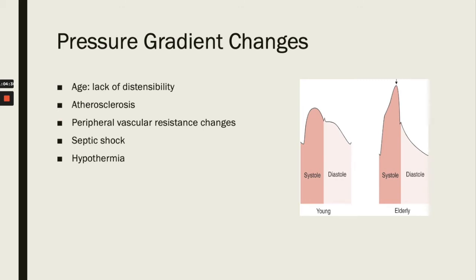And with hypothermia, vasoconstriction can cause systolic pressure in the radial artery to exceed that of the femoral artery, whereas during rewarming, vasodilation will reverse the gradient. So with hypothermia, you may have a wider gradient, and then when the patient gets rewarmed, that gradient decreases or returns back.